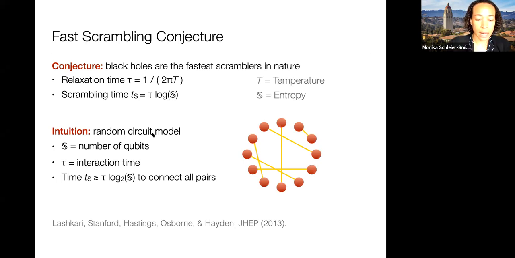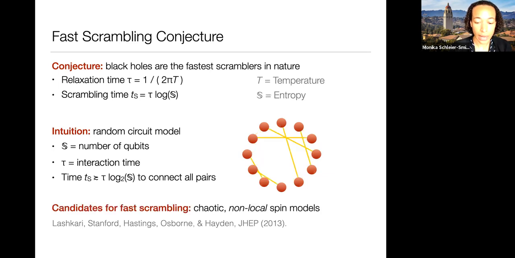One nice intuition for this comes from thinking about a random circuit model. Instead of 1 over the temperature being my characteristic time scale, if I have qubits, it would be the gate time, if I'm doing discrete gates. If I want information to spread quickly from one to many, in a given time step I could connect each qubit with some random partner, and then reconnect again.